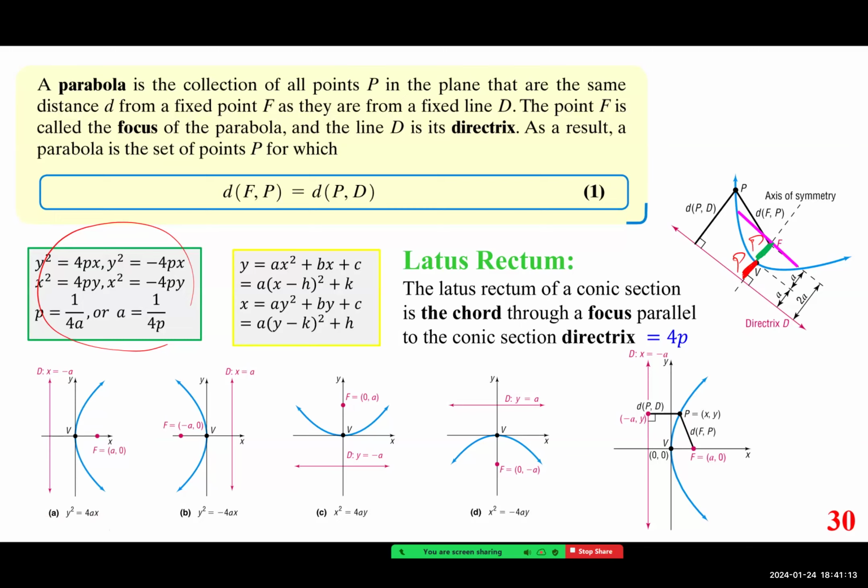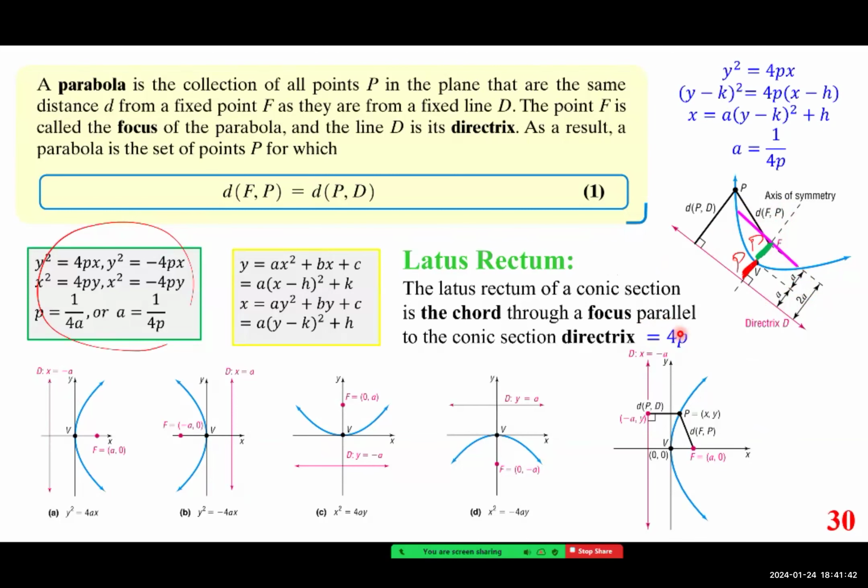So if that is the case, this is p, this is p, so this is 2p. So at this point, this distance is equal to this distance, which is 2p. They are using a, okay, class. And this distance is the same, 2p, so 2p and 2p gives us 4p.